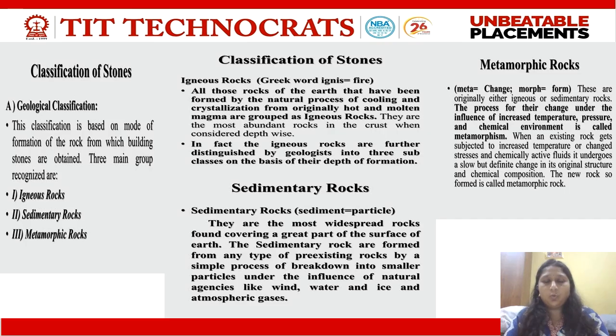All of us know that during earthquakes or volcanic eruptions, the temperature of the soil mass is very high. We get a liquid or semi-liquid material that comes on the earth's surface, which we call lava or magma. After it cools down and solidifies, it takes the formation of a hard rock, and that rock is an igneous rock.